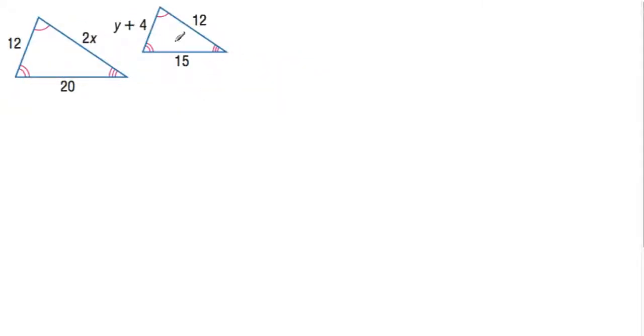Let's go over this example now. So it's the same idea, except here we have some other variables. So we can say, if we want to find y, we would say, all right, well, 12 over y plus 4 is equal to 20 over 15. Again, see how I went left to right, left to right?